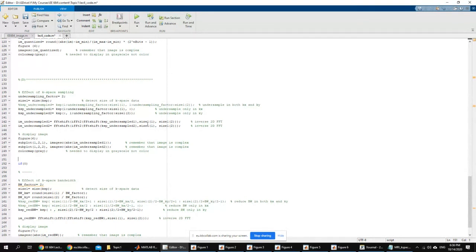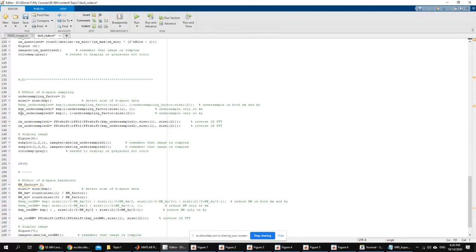Undersampling means that I'm undersampling in this particular dimension, meaning that I'm taking 1 every 2 samples. When I do that in the x direction, the kx, I expect to have aliasing in the x direction. When I do that in the y direction, I expect aliasing in the y direction. If I do that in both, I expect aliasing in both. Let us try all of them.